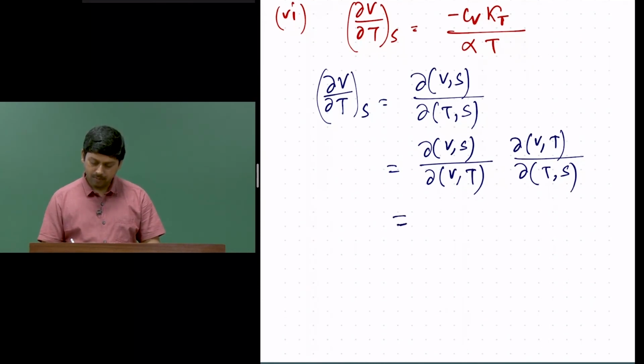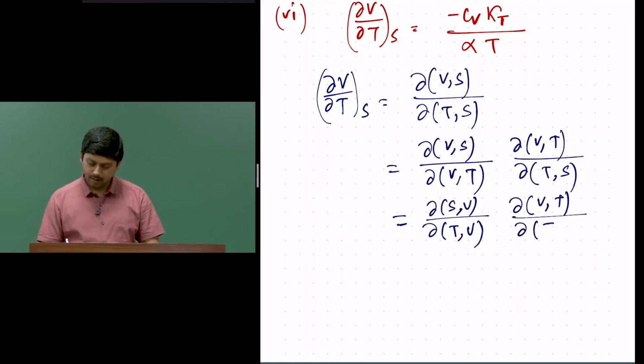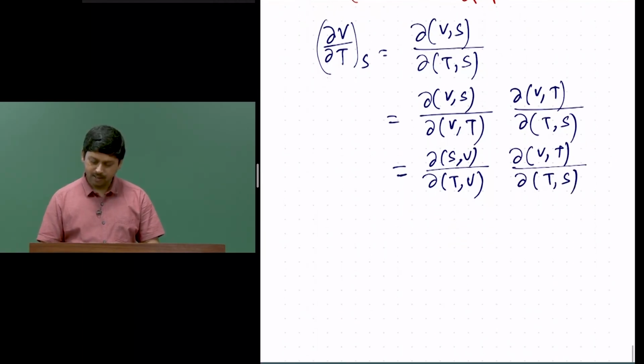Now, this means that we can write as S V T V, and this side we can write using a minus sign as del V T and del T S. Okay, we do not write the minus sign right now.